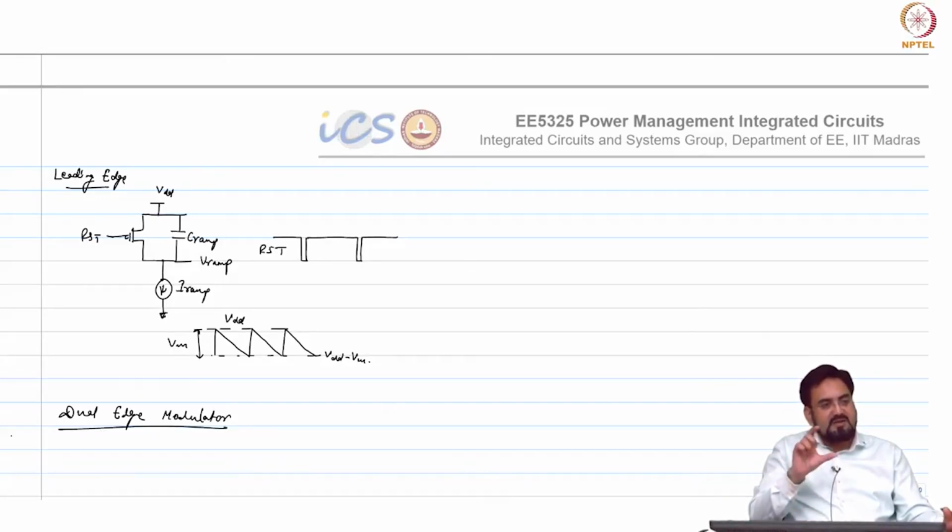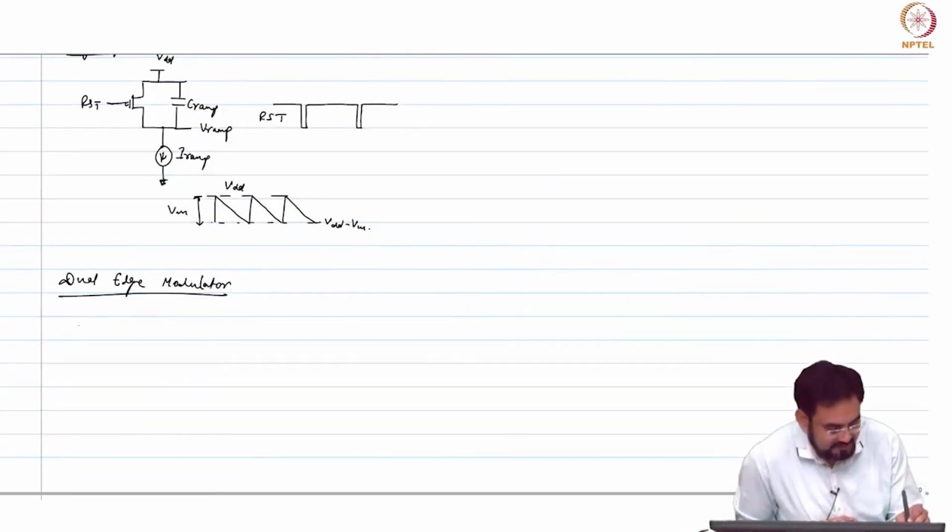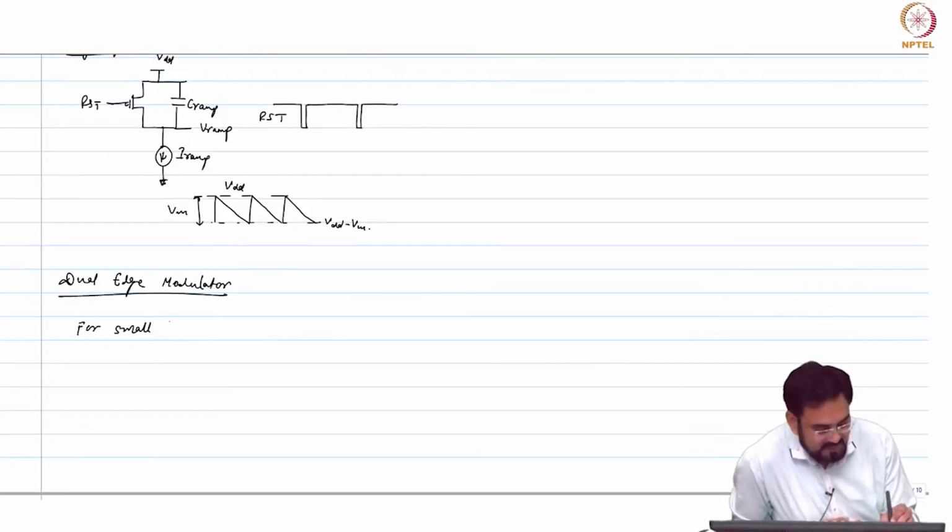until it is a very small signal. For a small signal is fine, but large signal, for a small signal I mean if you are looking for a small VM, let us say I would say approximately or less than 1/10 of VDD.